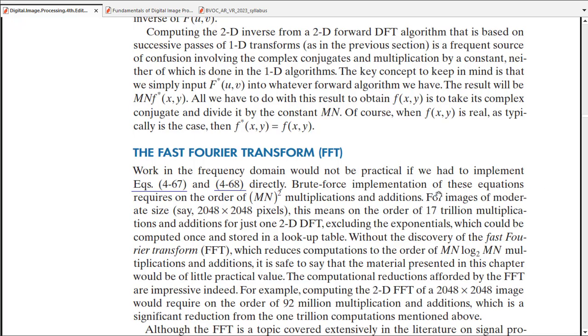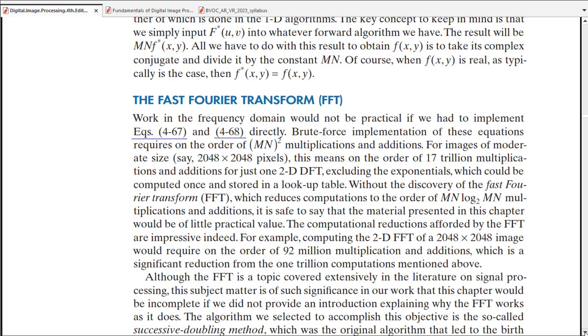Brute force implementation of this equation requires on the order of (MN)^2 multiplications, that is, the multiplication of M and N, whole squared. For an image of moderate size, 2048 by 2048 pixels, this means on the order of 17 trillion multiplications and additions for just one 2D DFT, excluding the exponentials, which could be computed once and looked up in a table. This led to the discovery of the fast Fourier transformation.